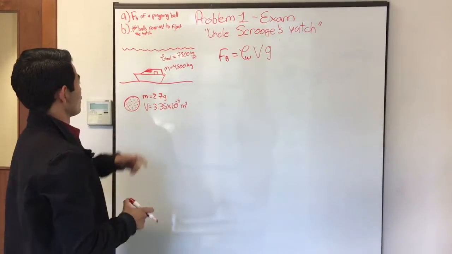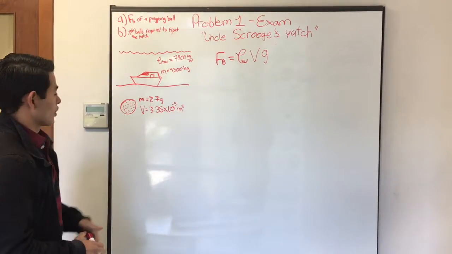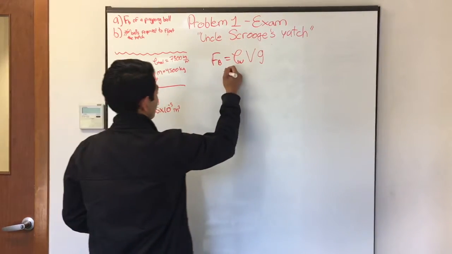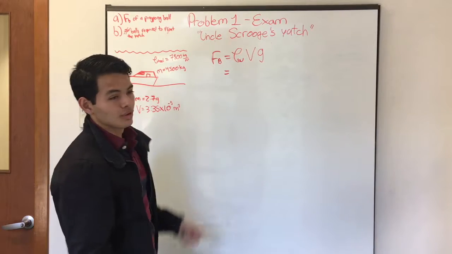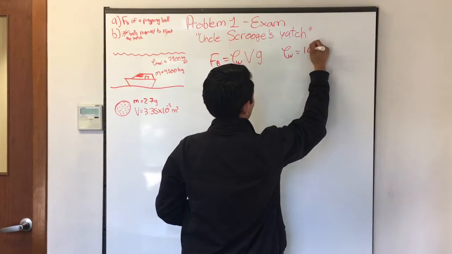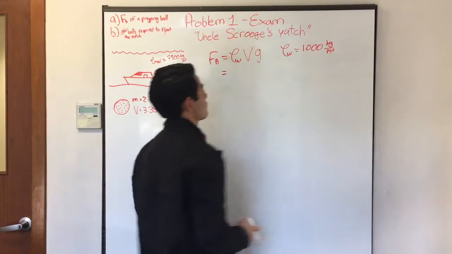In order to calculate the buoyant force of the ping pong ball, we are given its volume and its mass, so we will just need to substitute. This is in water, so remember that the density of water is 1,000 kilograms per cubic meter.